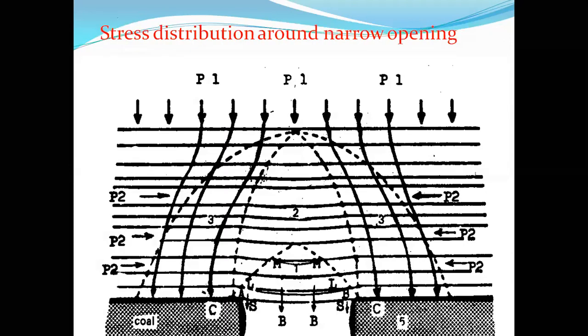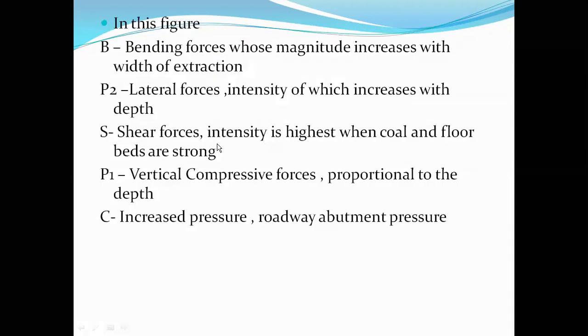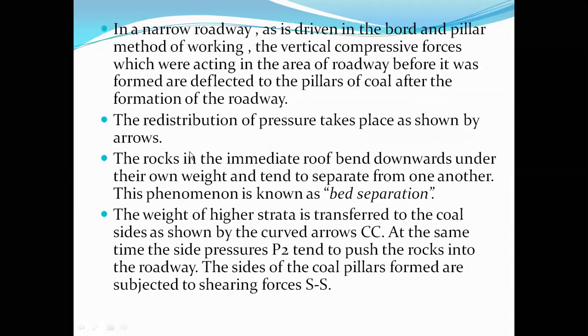The rocks in the immediate roof bend downward under their own weight and tend to separate from one another. This is called bend, and this phenomenon is known as bed separation. This is what I already explained.